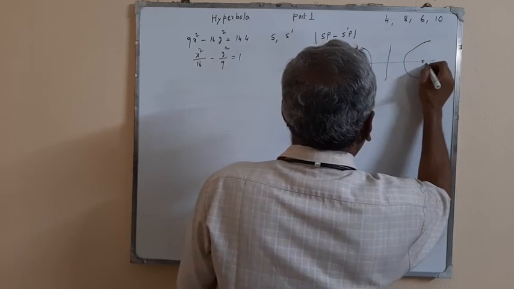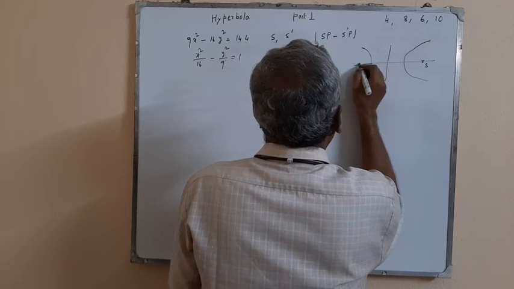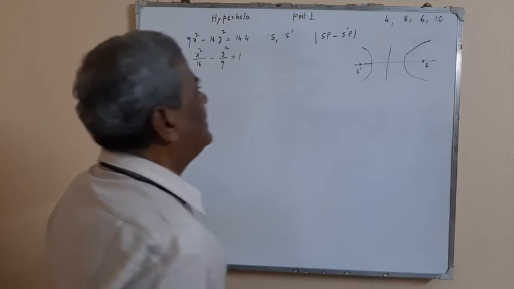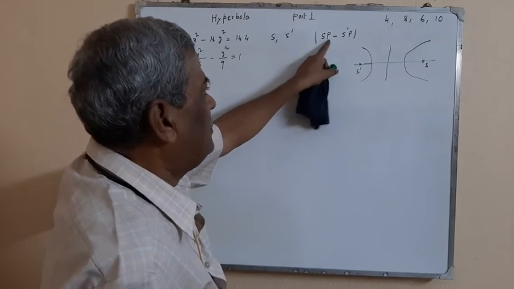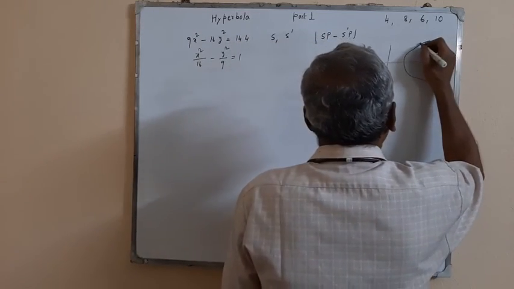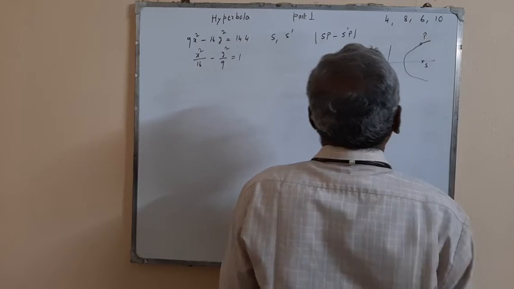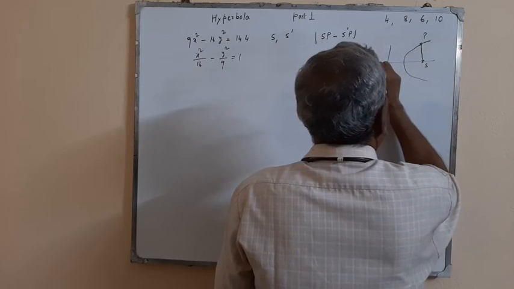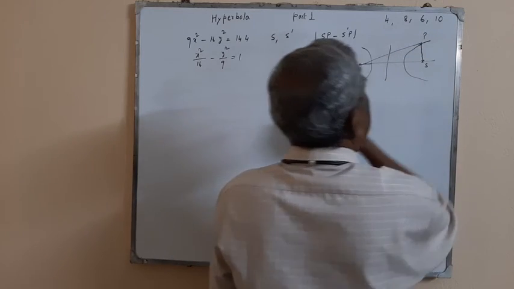S and S dash are its two foci. And P is any point on it. Suppose that point is P. SP is that length, S dash P is that length.